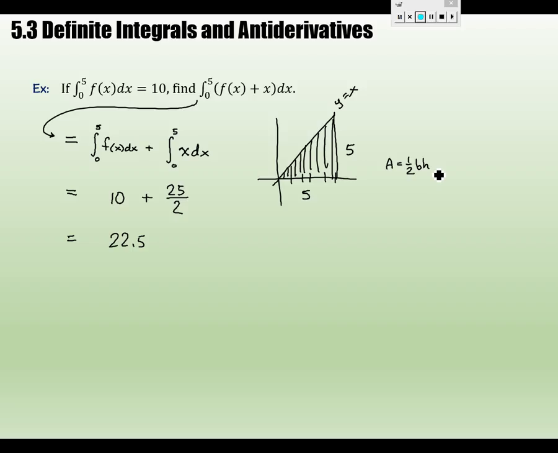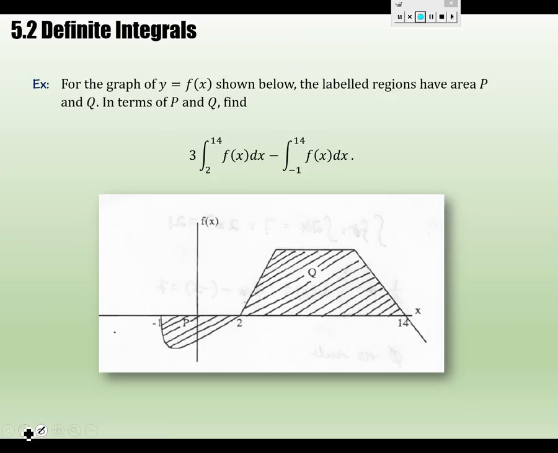Okay, good. All right, now this is another kind of creative problem here. So when you're ready, see if we can compute this. Again, the one thing I want to highlight here is that the area of the regions is denoted by P and Q. The area of this region is P, just to be clear.